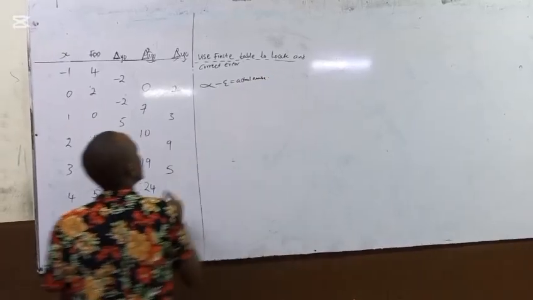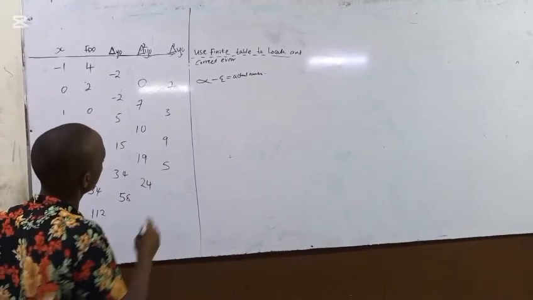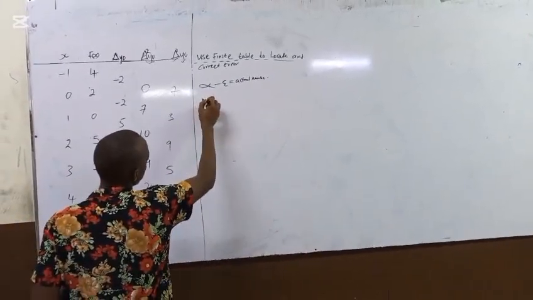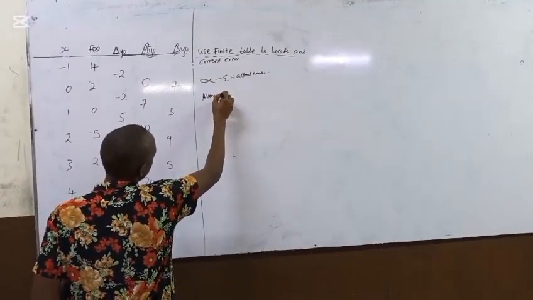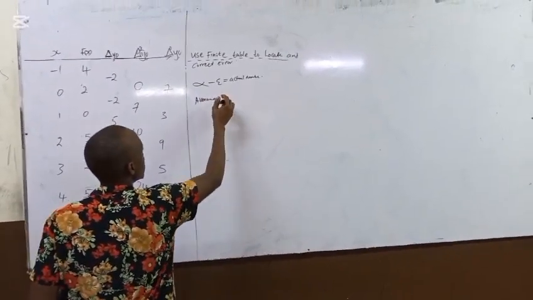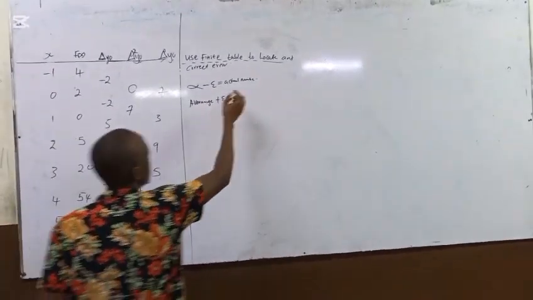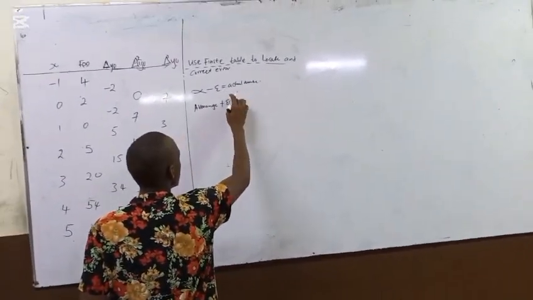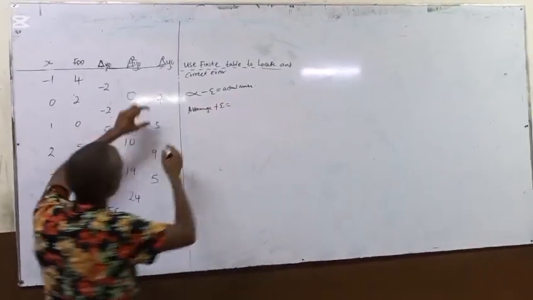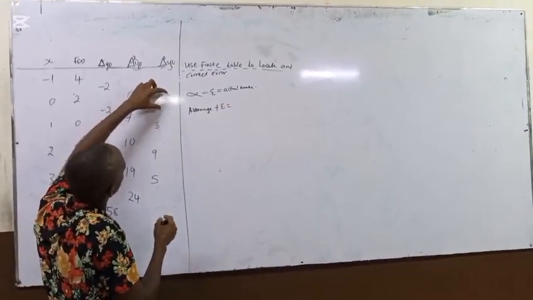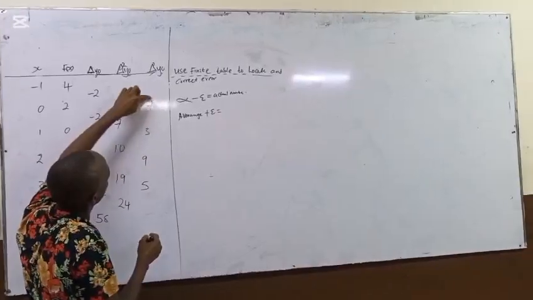Now, again, there's another formula. We see that average plus error is equal to the number below. If it is a 7, we have the number below.